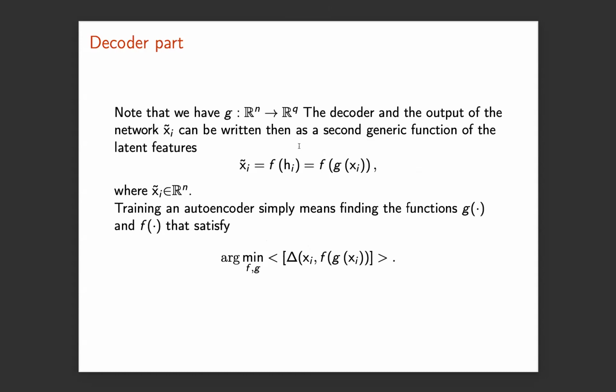The decoder, the output of the network, can then be written as a second function g, which is given by h as an input, where you have this original f part which does the encoding. And typically the function you want to optimize for these f's and g's is given by some difference between the input and the final decoded output.